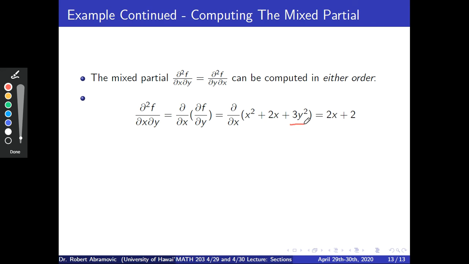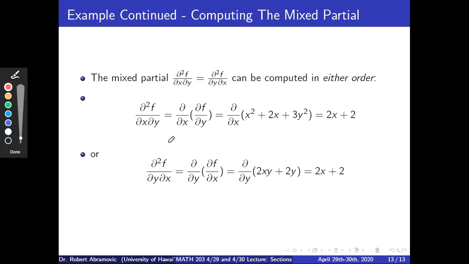Here we treat 3y squared as a constant because we're treating y as constant when we differentiate with respect to x. We differentiate each of these terms just as we would any polynomial. Derivative of x squared is 2x, derivative of 2x is 2. So we get 2x plus 2.